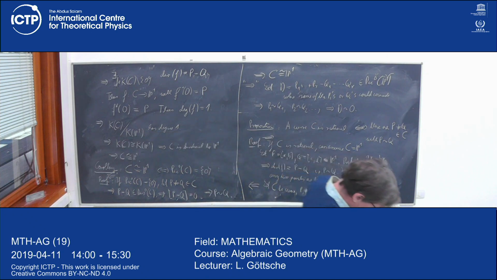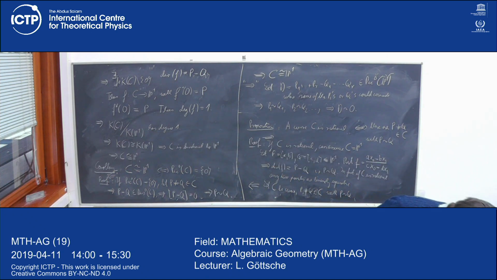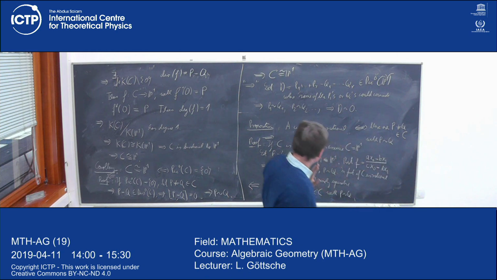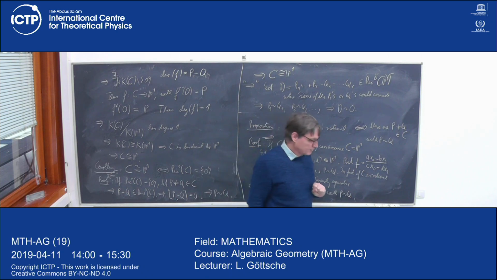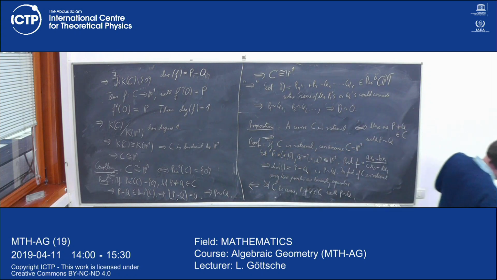Okay, so that's that. Now, we haven't seen much about this Pic^0, but the one thing that we can see is that it distinguishes P1 from any other curve. Now, strictly speaking, at the moment we don't know whether there's any other curve.